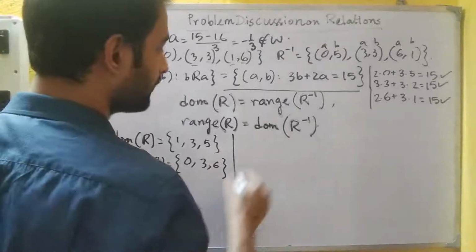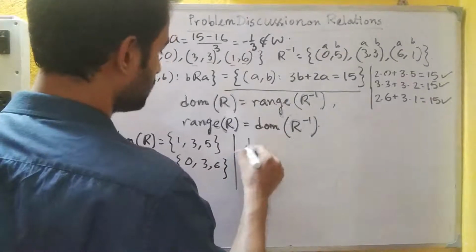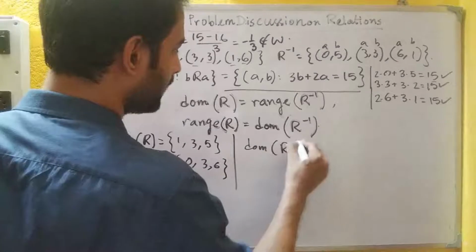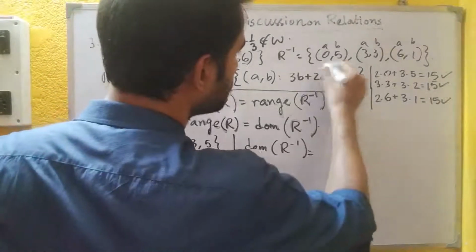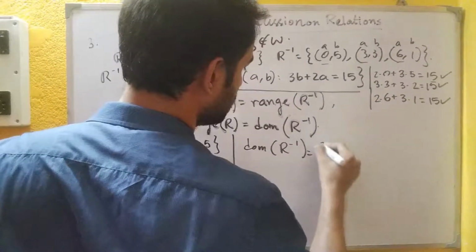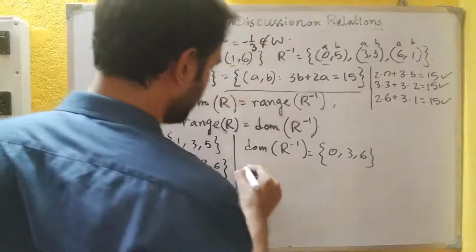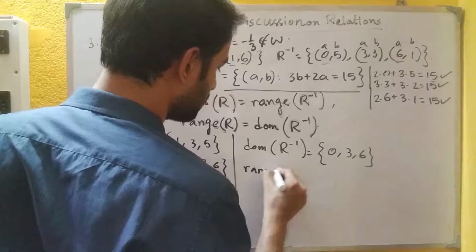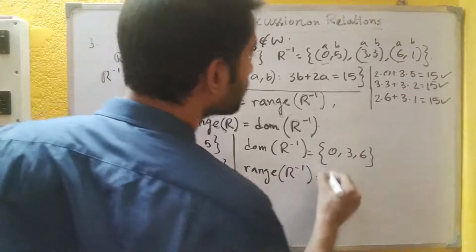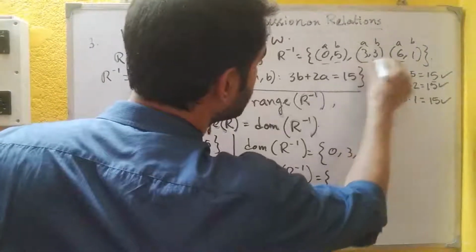Similarly, for the relation R inverse, if you find domain R inverse, you will see it will be 0, 3, 6. And the range of R inverse is 5, 3, 1.